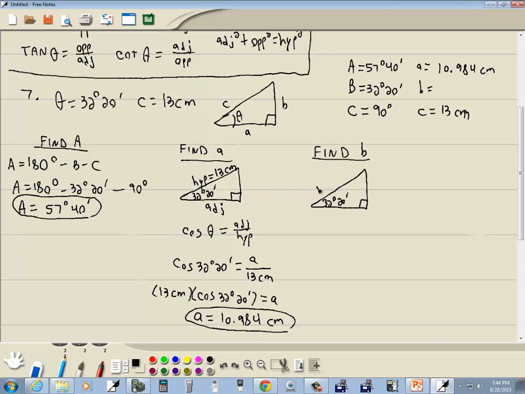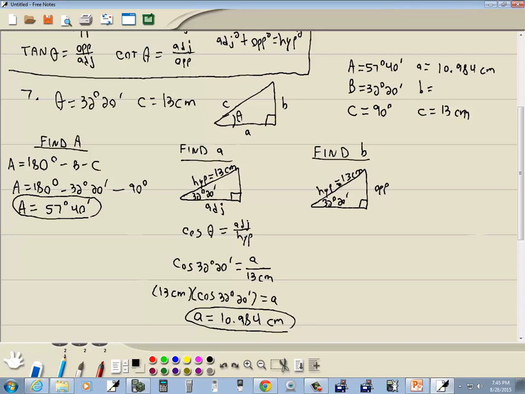We're told the hypotenuse, side C, is equal to 13 centimeters, so that still remains. But this time we're trying to find side B, which is this side over here. In relation to this angle, this side over here is the opposite side. So we're trying to find this.